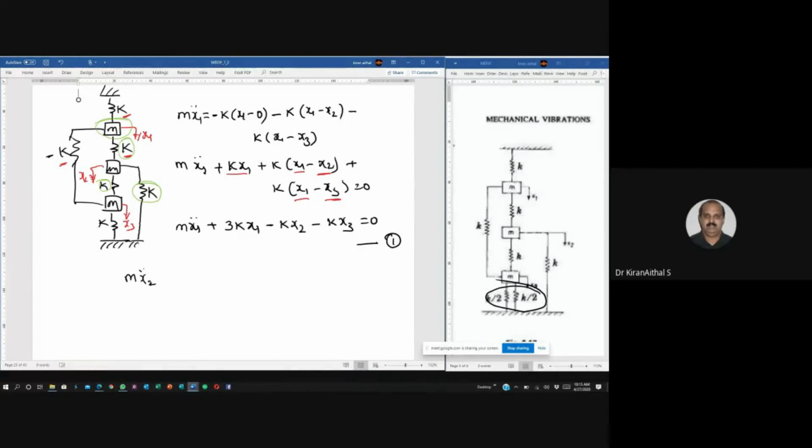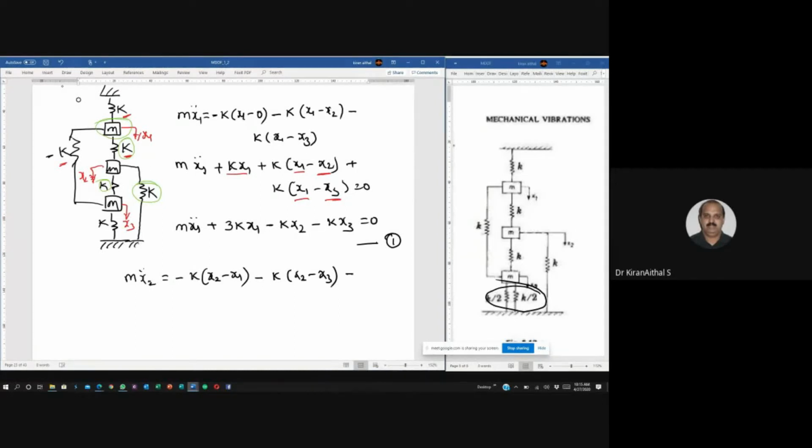Okay. m x2 double dot is equal to minus k into (x2 minus x1). I'm talking about the first one. Next, minus k into (x2 minus x3), right?